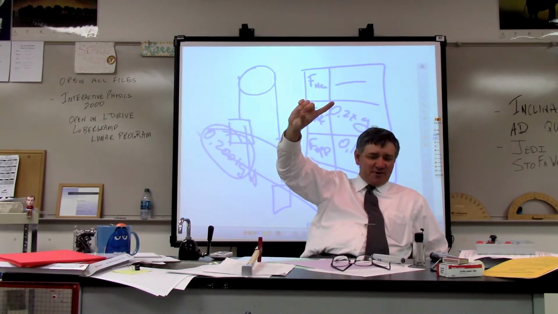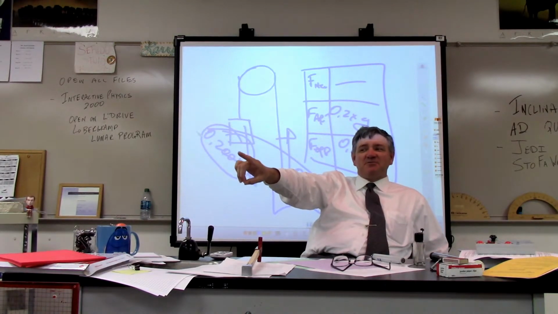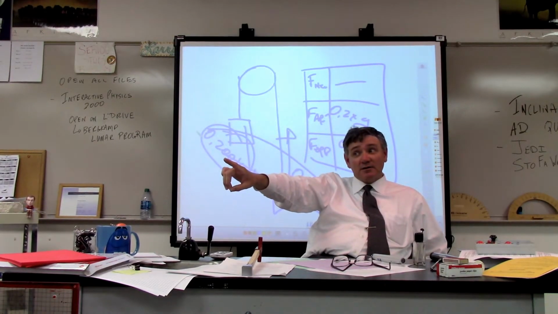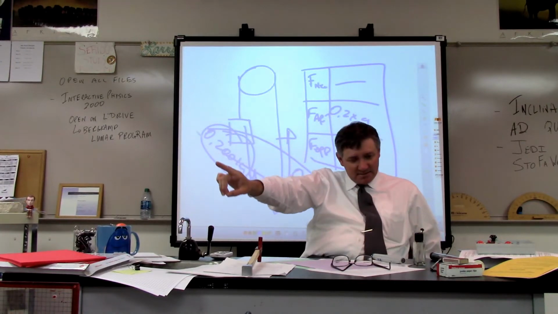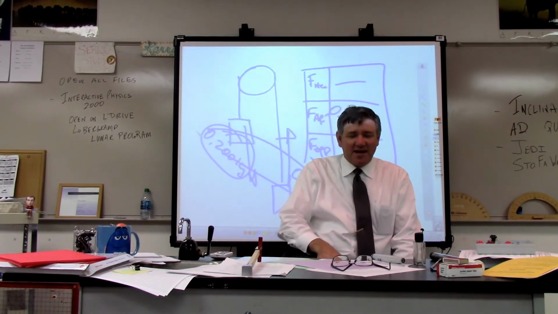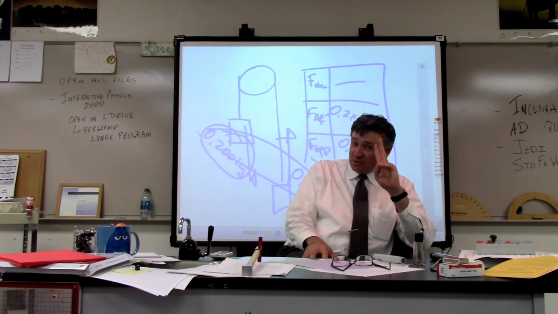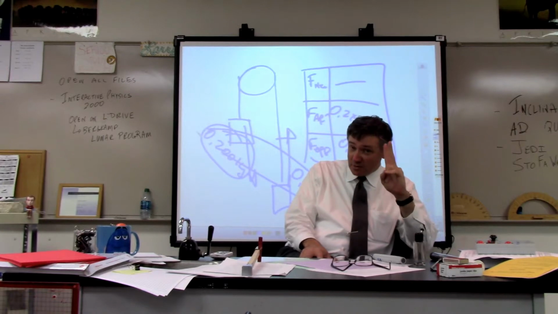Newton's first law of motion: an object at rest remains at rest, and an object in motion stays in motion. Now, there are two parts to this motion, because it's a vector quantity.